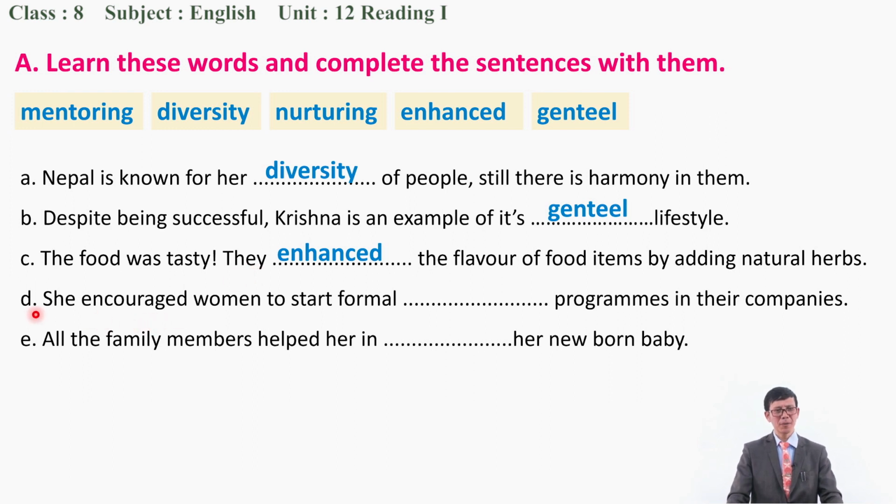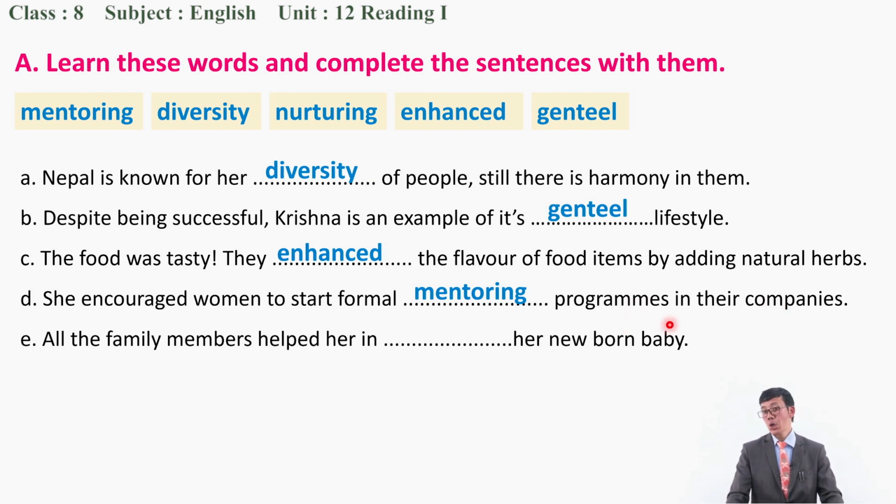What about this? D. She encouraged women to start formal programs in their companies. Now, have you made a closer guess? Very good. That is, she encouraged women to start formal mentoring, coaching, mentoring programs in their companies, guidance.